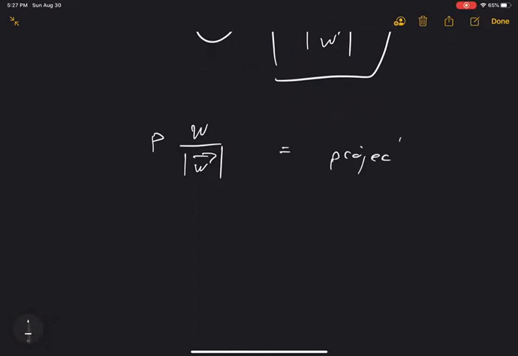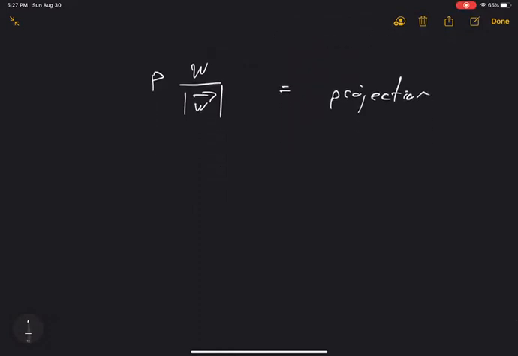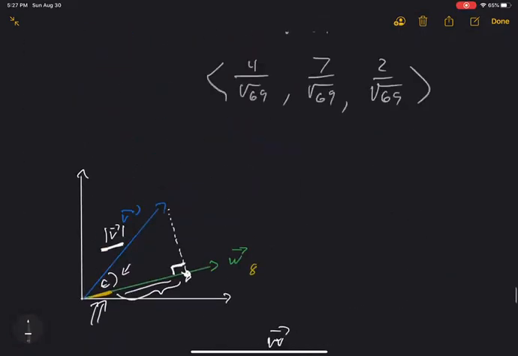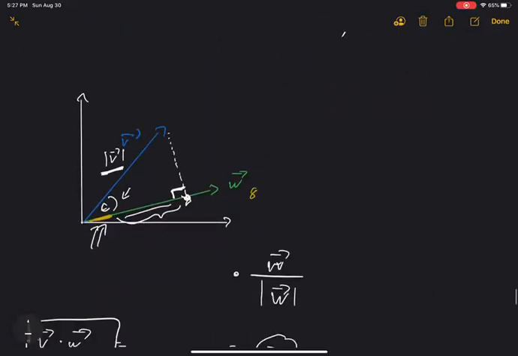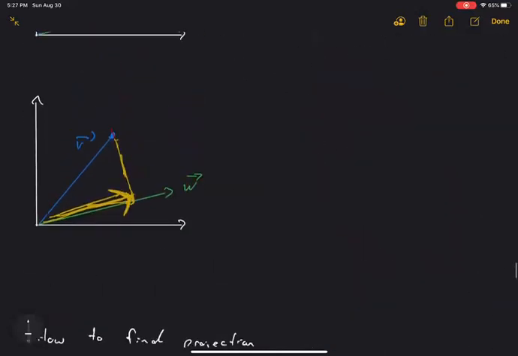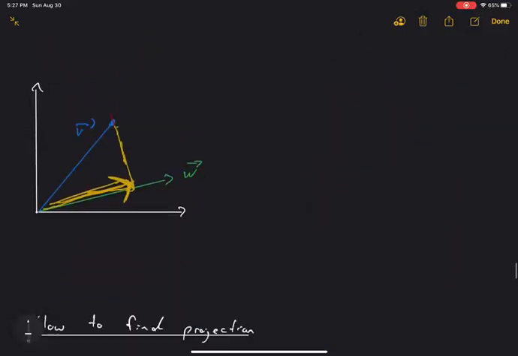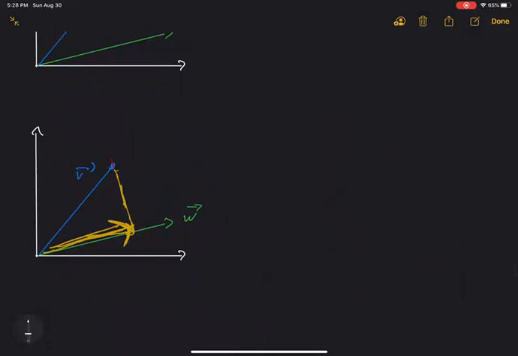Now, that was all very complicated and convoluted. If you could follow along, great. What it boils down to is that my shadow, my projection of V onto W, has this formula.